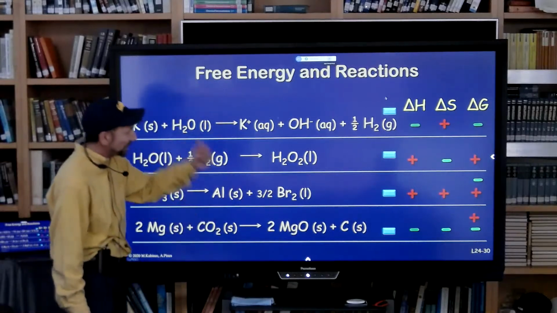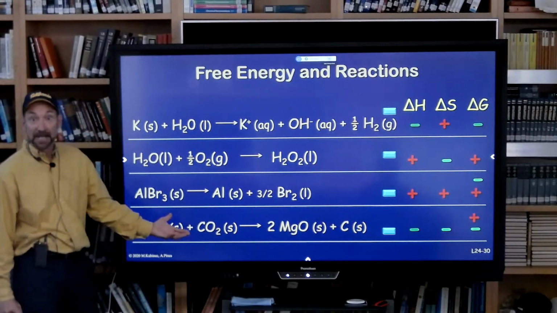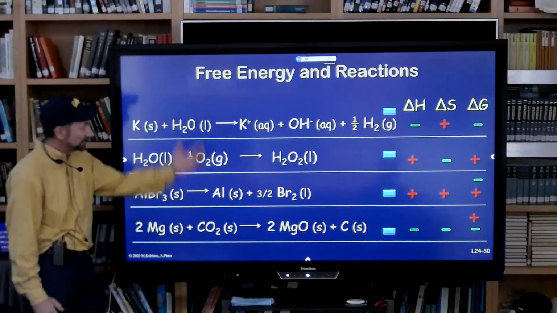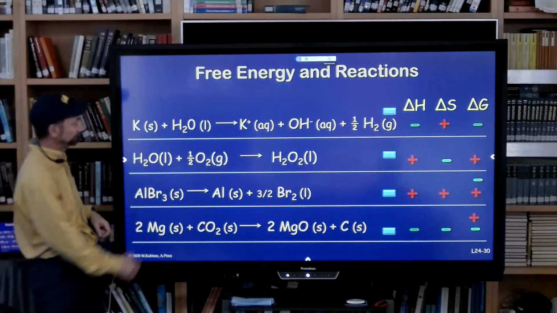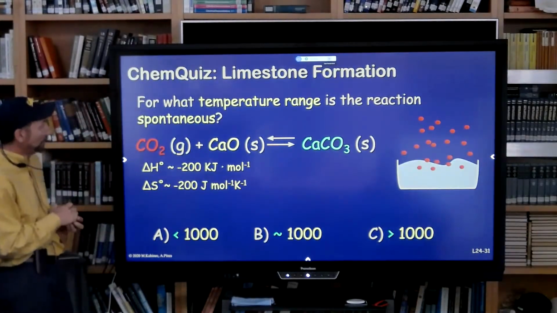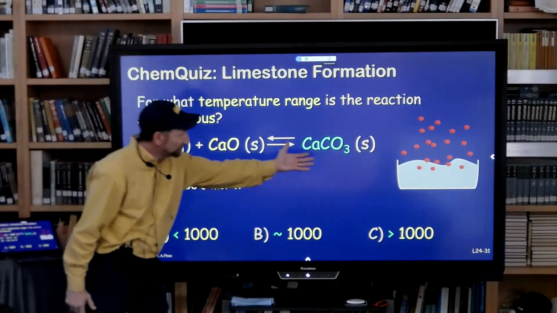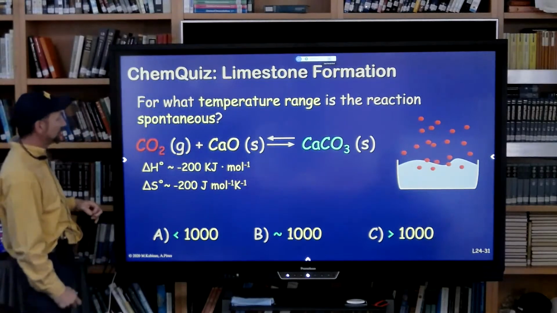So there's a bunch of reactions demonstrating the free energy changes and what reactions spontaneously proceed at different temperatures. For what temperature range is this reaction spontaneous? We'll talk through this one together.